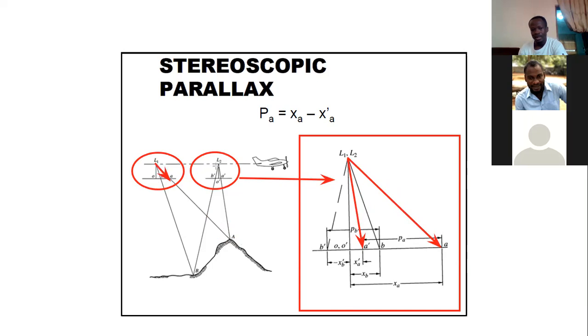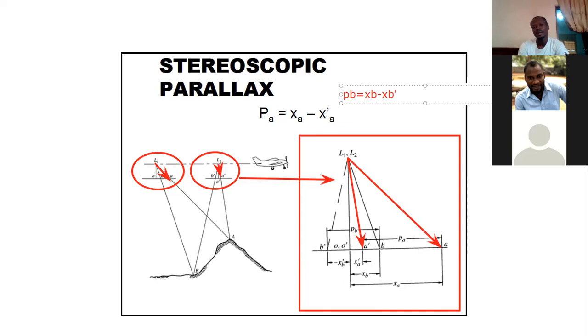All right, and then we are looking at A, so you can see that now the object is getting close to the center. It's going to the left. Object seems to disappear and move to the left. And we are simply saying that PA equal to XA minus XA prime. What it actually means is that we can also write PB equal to XB minus XB prime.